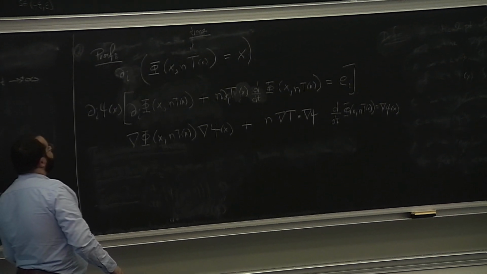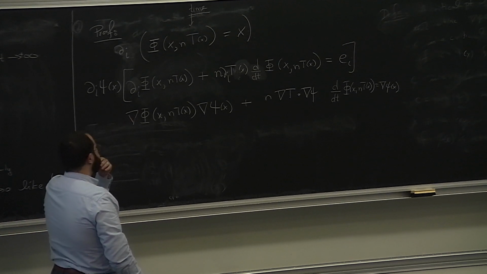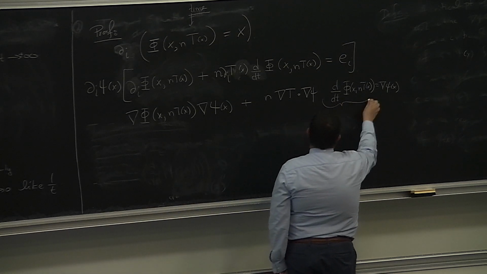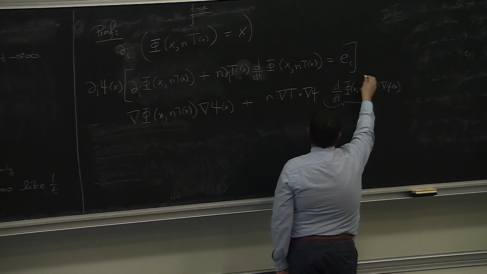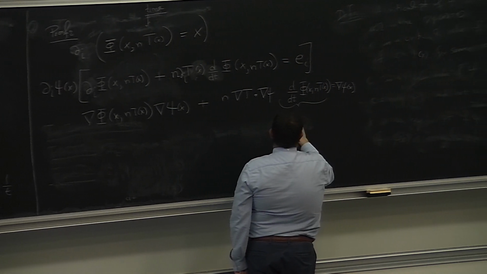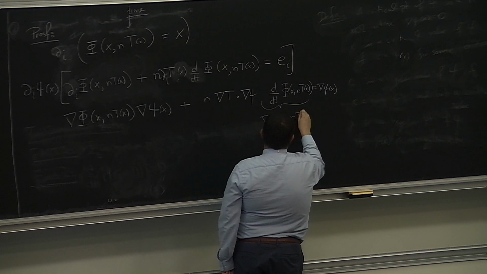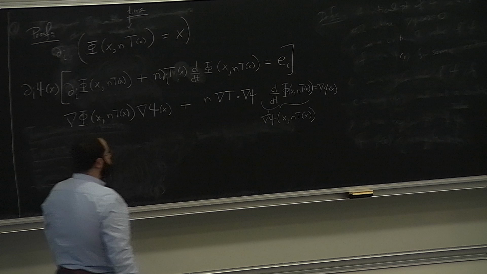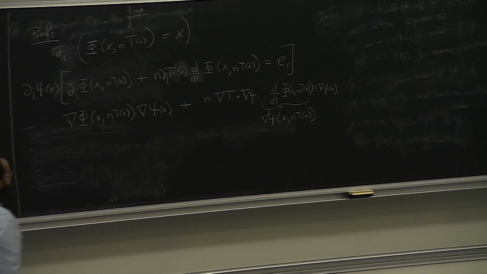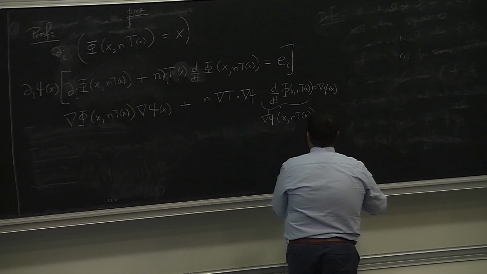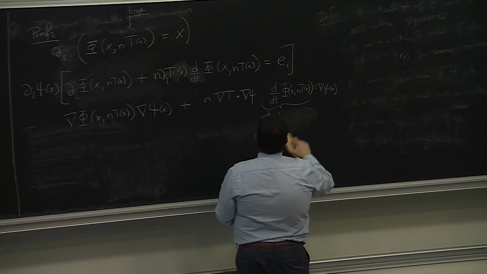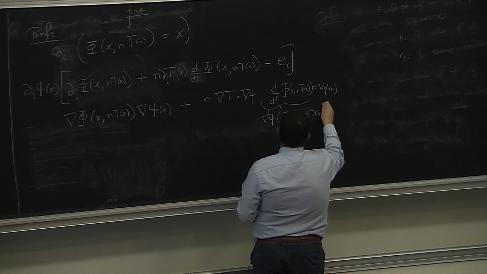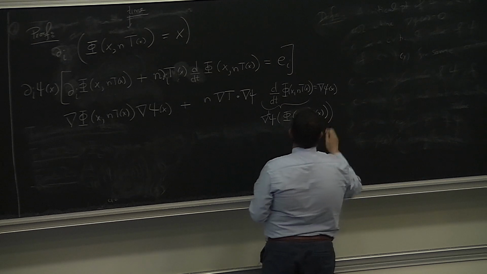So you just multiply by di of psi. And now observe that this thing is just grad perp of psi evaluated at phi of x and t of x.